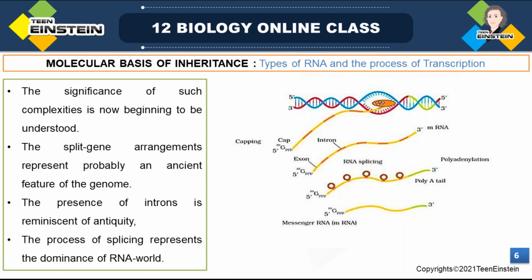These introns are removed because introns are waste, the non-coding region. So the presence of introns is a reminiscence of antiquity. So what is that? Splicing means introns are removed and exons are joined in a defined order.